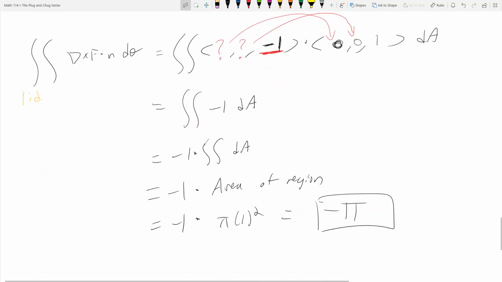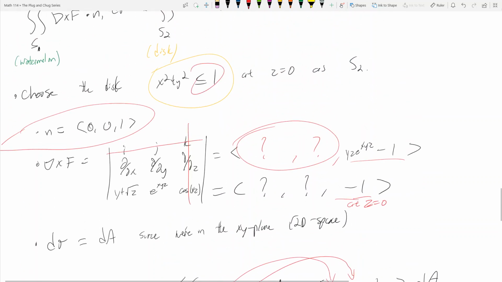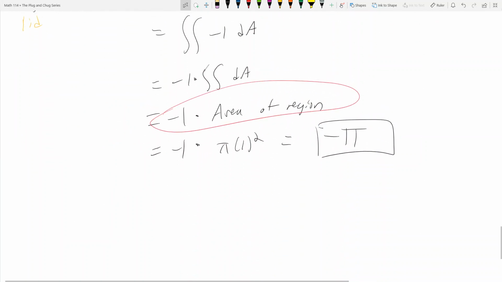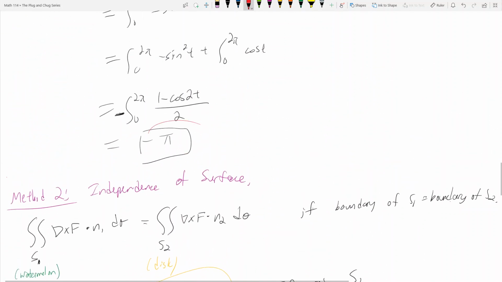If I factor out that -1, it becomes -1 times the area of my region, and I don't even need to calculate the area using an integral, because I know 7th grade geometry, and I can just say it's -1 times pi r squared, where r is 1 because of the equation x squared plus y squared is less than or equal to 1. So this is the radius squared, which is 1 squared. And then -1 times pi 1 squared is equal to -pi. We find an answer which is the exact same thing as the line integral answer.